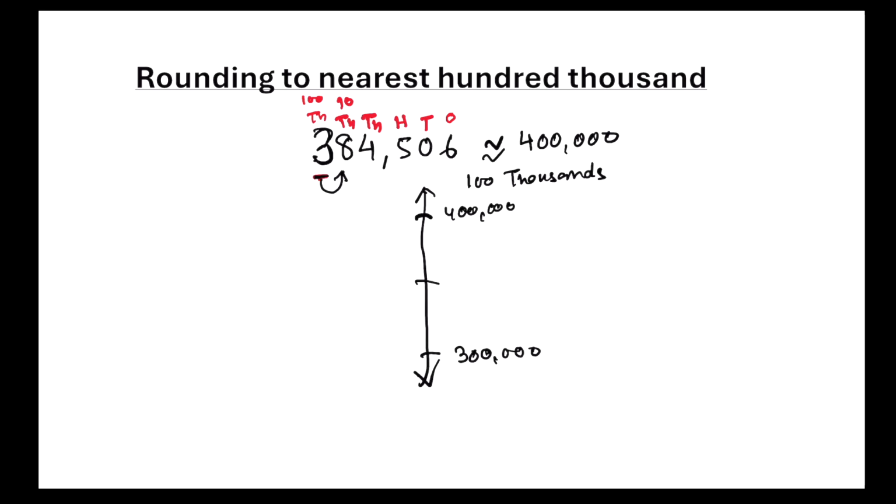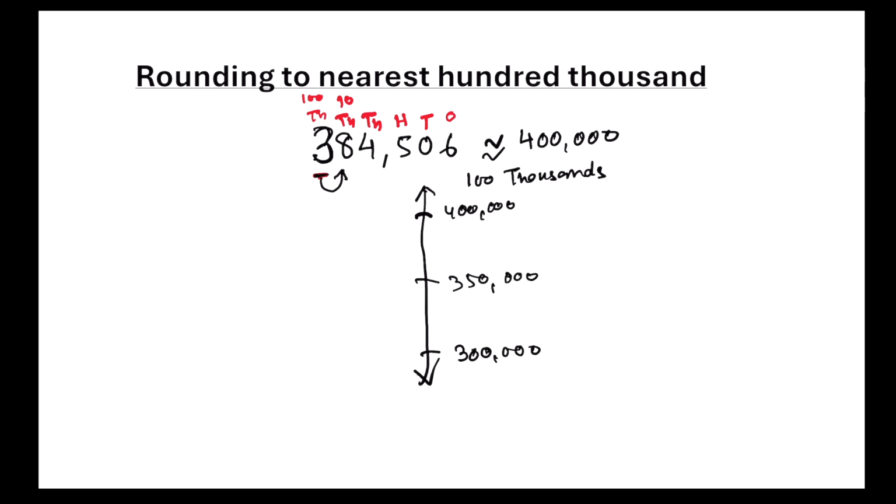In between, 350,000. So 384,506 will lie somewhere here. 384,506. So what do we see as the nearest 100,000? The nearest 100,000 is 400,000.